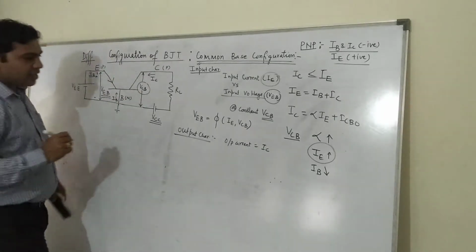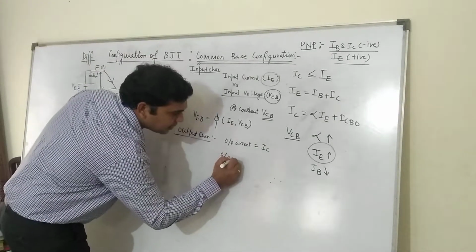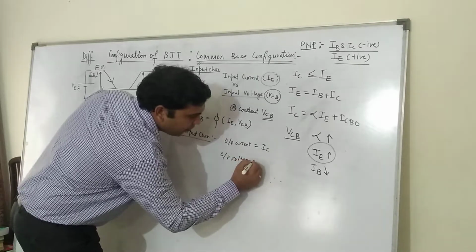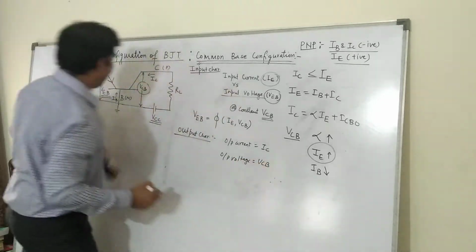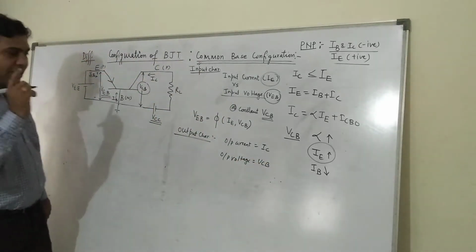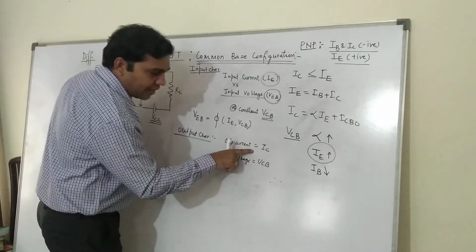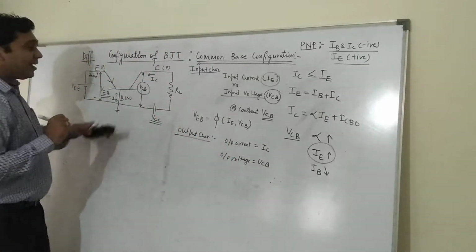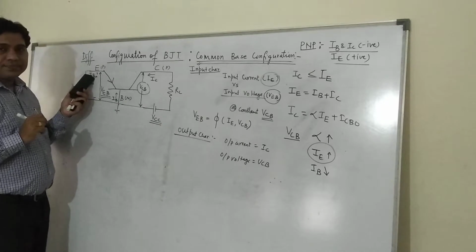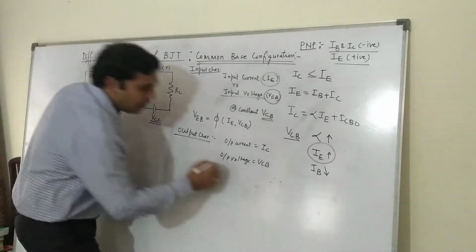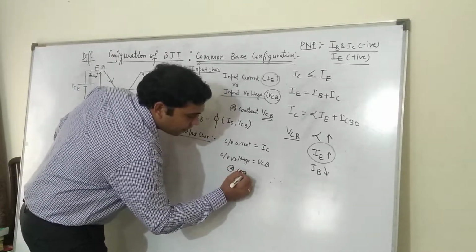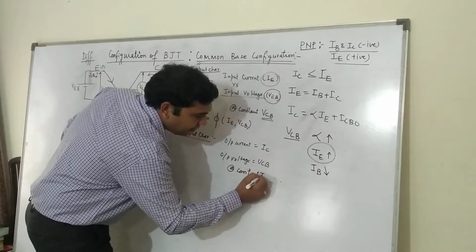What is the output voltage? The output voltage is VCB. So for output characteristics, I need to plot IC versus VCB at constant IE.